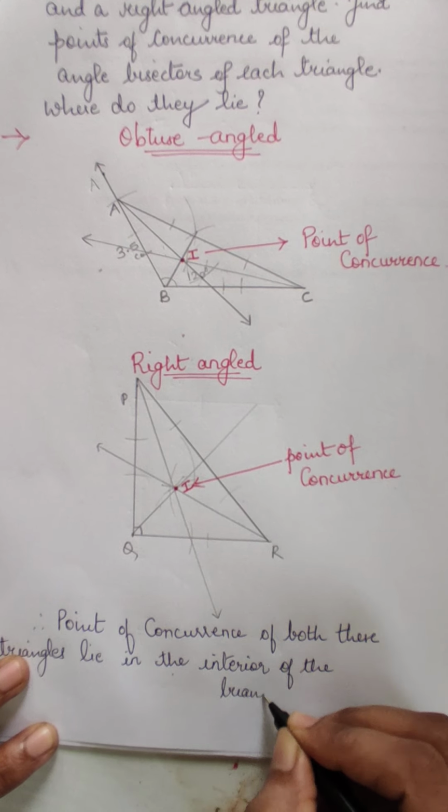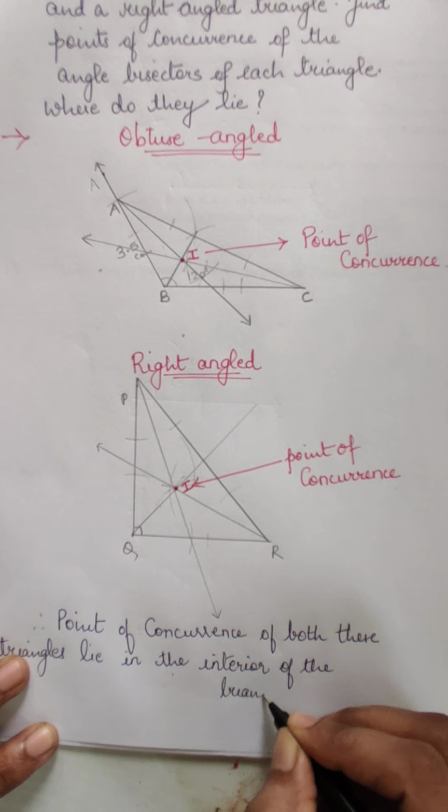Now question number 4, we have to draw a right angled triangle, draw the perpendicular bisectors of its sides, and we have to see where the point of concurrence lies. So now we have to draw a right angled triangle.